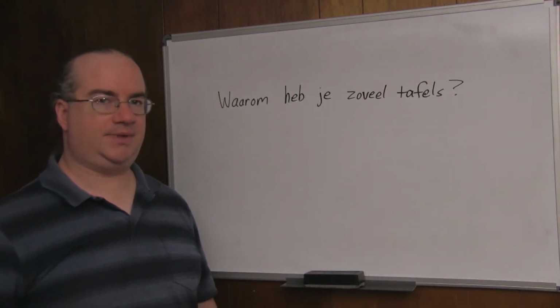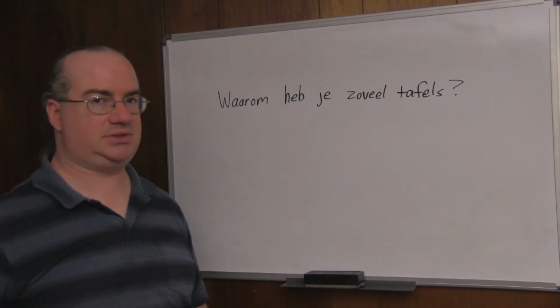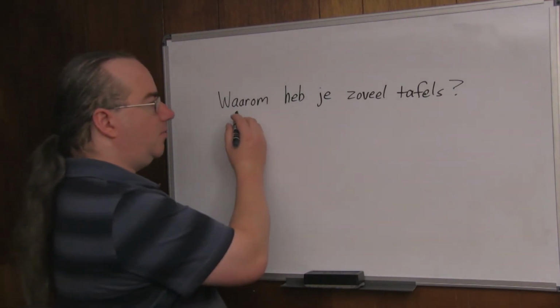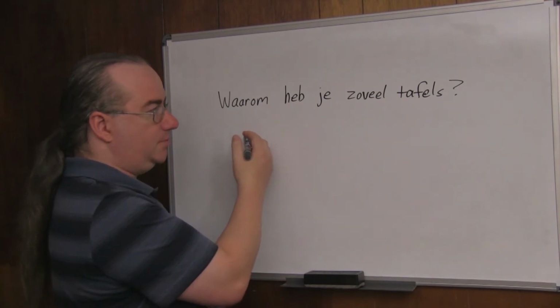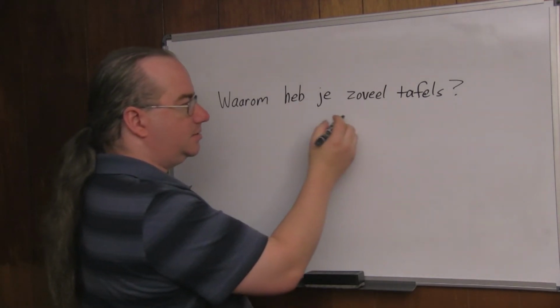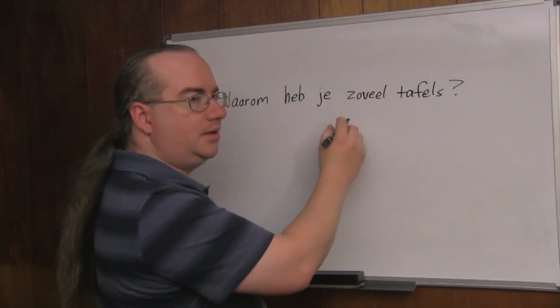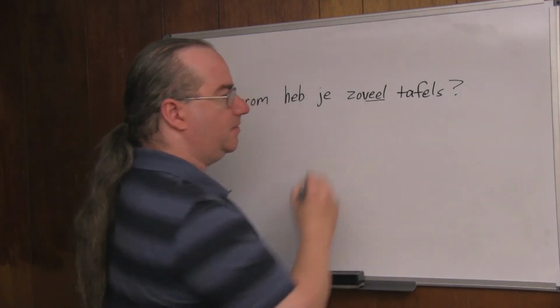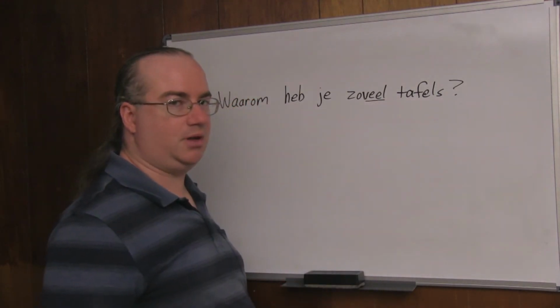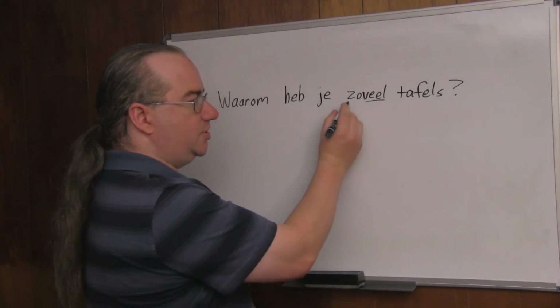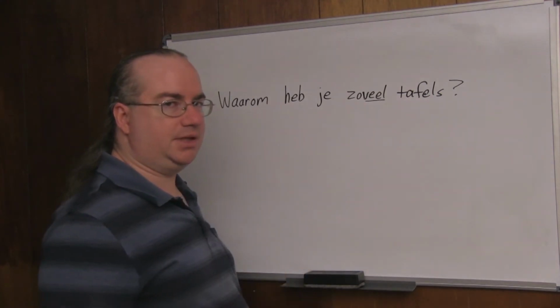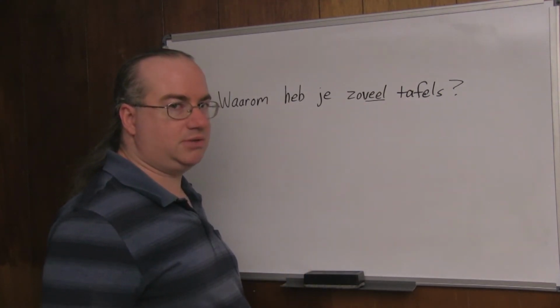Waarom heb jij zoveel tafels? Now we just learned that the veel means many, much, or a lot. And the zo in front of it means so, just like in English.